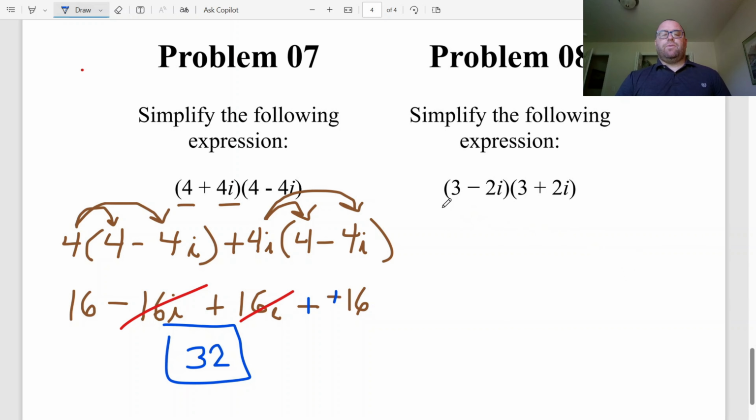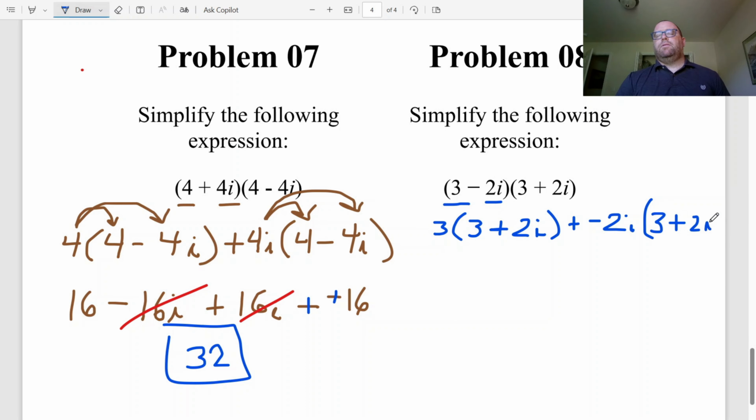All right, let's look at this last one. We're going to do our double distribution. So we'll do 3 times 3 plus 2i. And maybe you see a pattern with this, and maybe you want to comment about it down below, or maybe not. But if you do, comment below. And then we've got minus 2i times 3 plus 2i. And we do 3 times 3, which is 9.